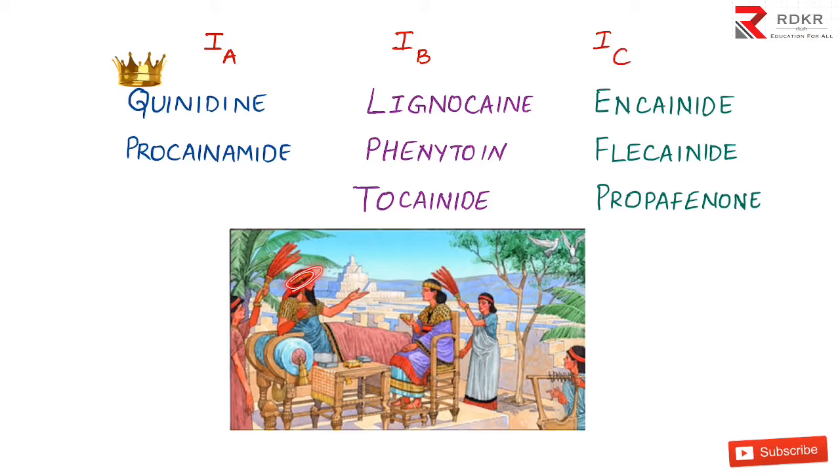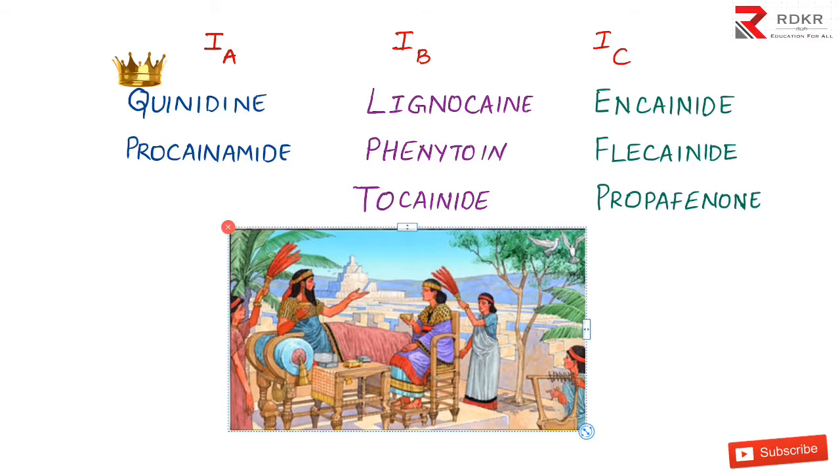Topi, you know, in Hindi means a hat. So tocainide. These are the 3 drugs that are included in the 1B class. So 1A, the queen and prince stay here, and 1B, the servants of the queen and prince: legs, fan and topi. Okay, this is the way to remember.